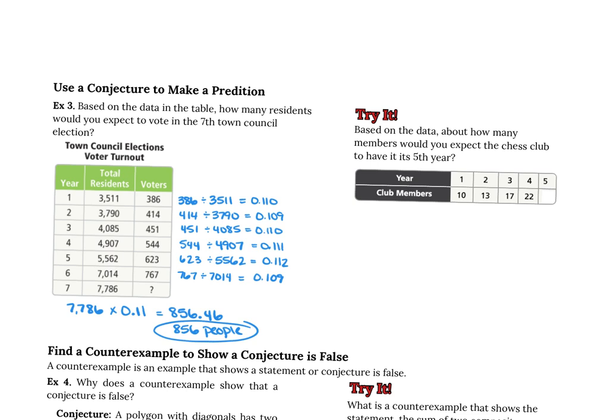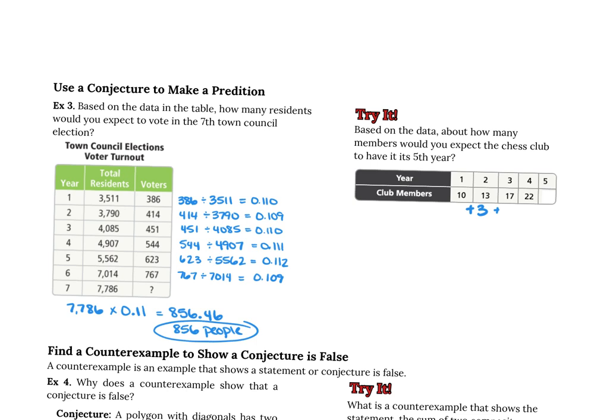Try it based on the data. How many members would you expect the chess club to have in the 5th year? Okay, so between our 1st year and our 2nd year, we added 3 people. 2nd year to 3rd year, we added 4.